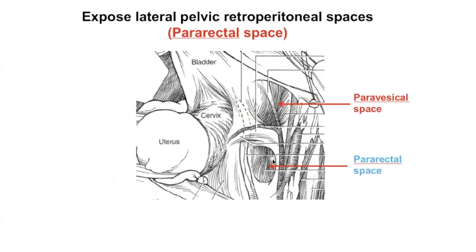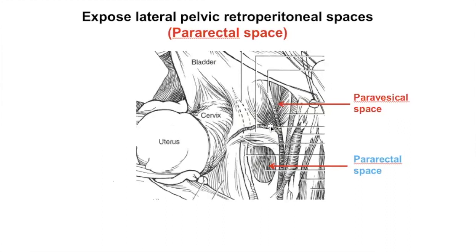Now, the pararectal space. The pararectal space is developed again using blunt dissection between the ureter and the internal iliac or hypogastric artery, posterior to the uterine artery.